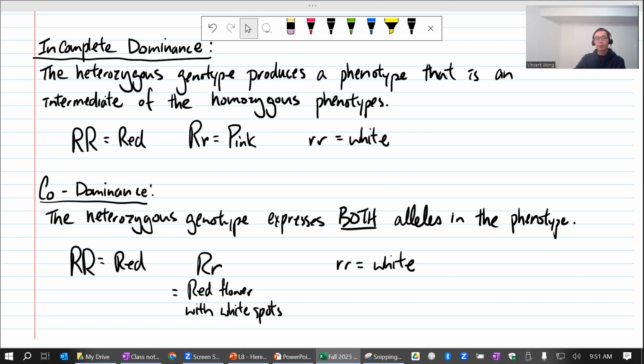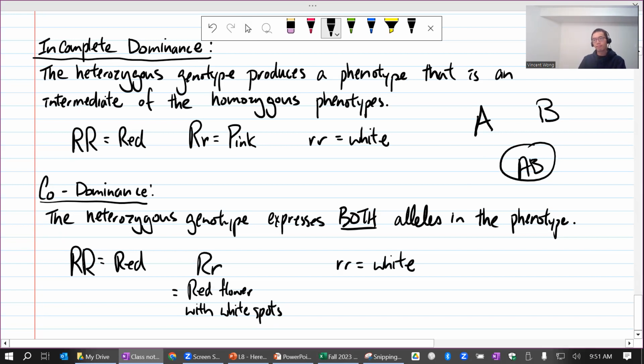Sure. A person with type A blood have kids with someone with type B blood, and the kids have type AB blood. Do you think this is incomplete dominance or is it codominance? Codominance? That's correct. Thank you.